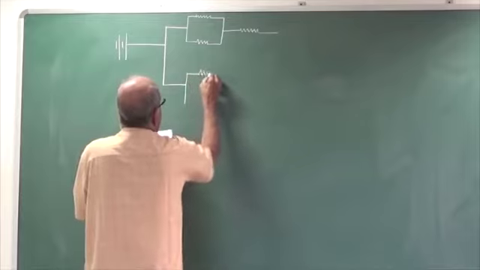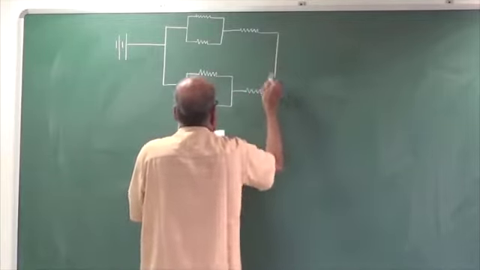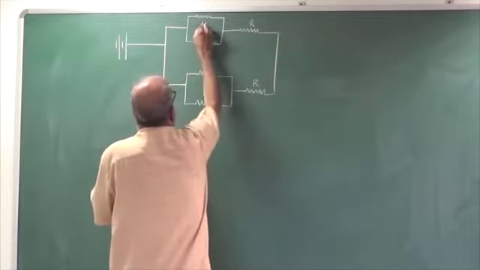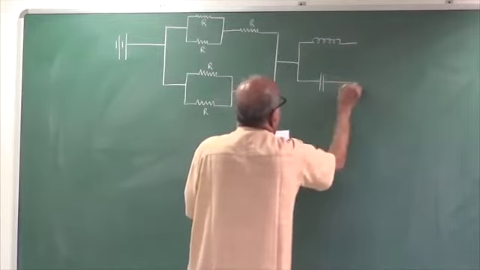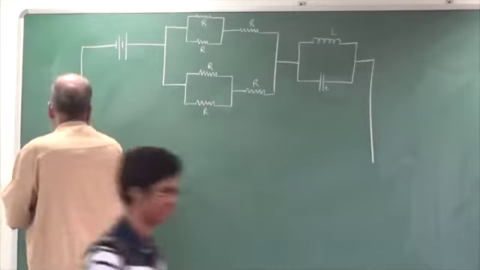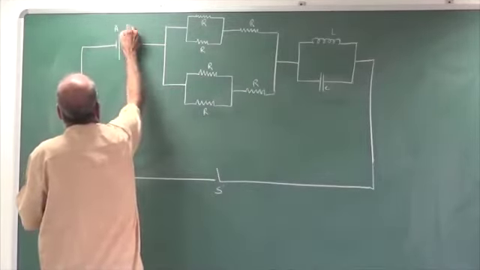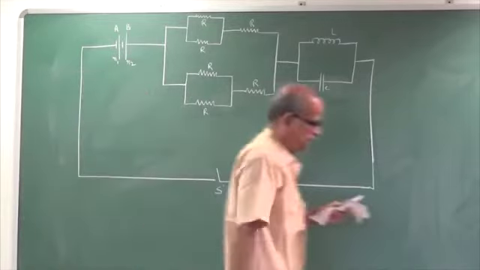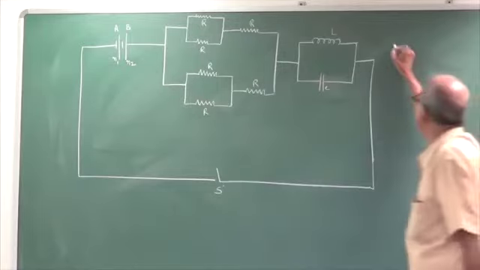This is an IIT problem, asked in 2004. See, in the circuit, A and B are two cells of the same EMF, capital E. But their internal resistances are different, R1 and R2, with the condition R1 greater than R2.